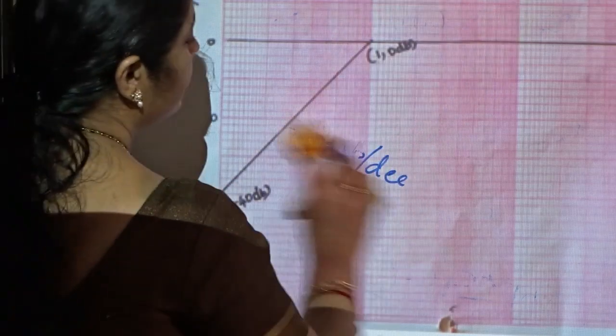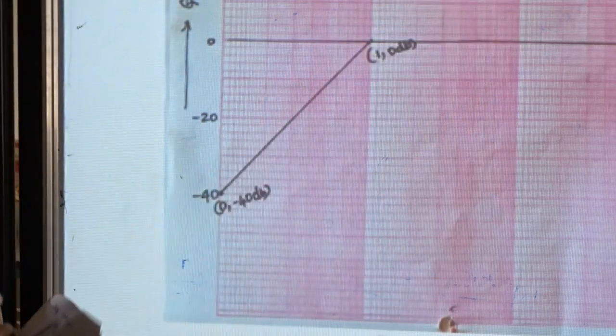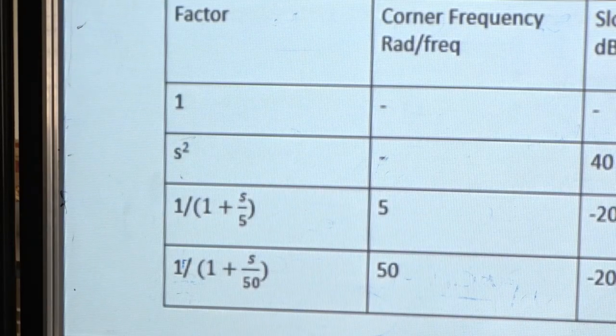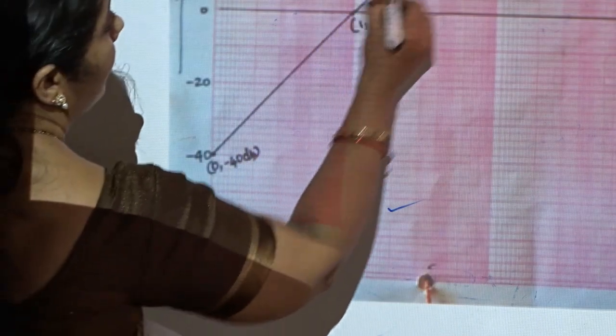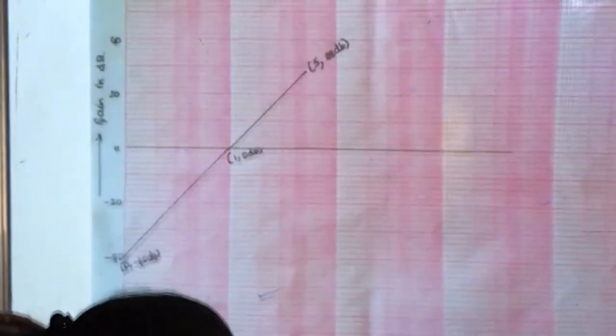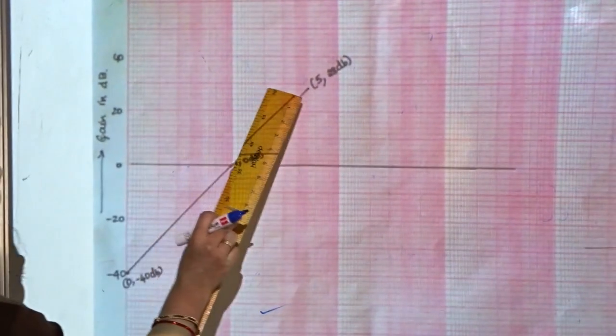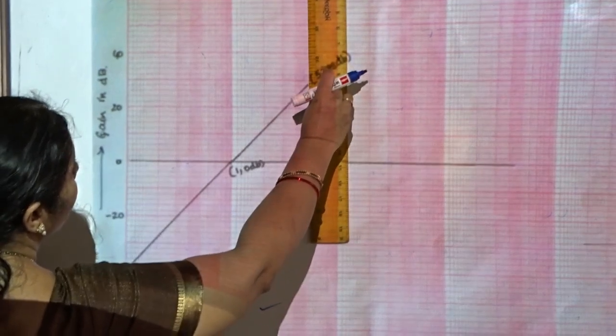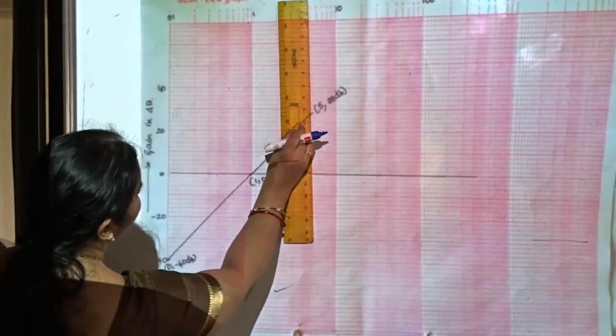No, I will have to extend this line, because from the table you see that the first corner frequency you get is 5. So now extend this line up to 5. You can see, this is 1, 2, 3, 4, 5. This is 5.